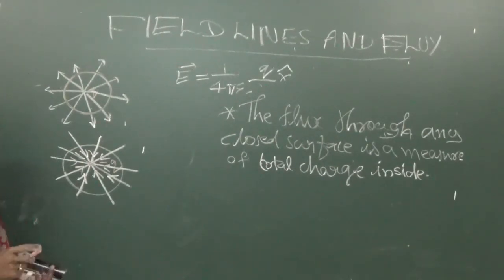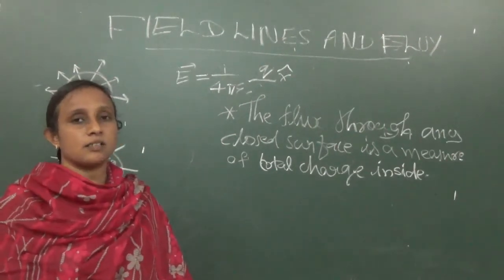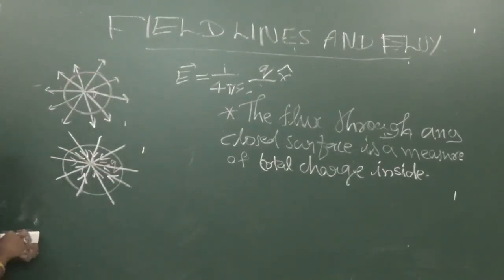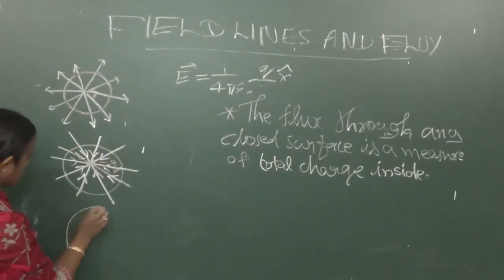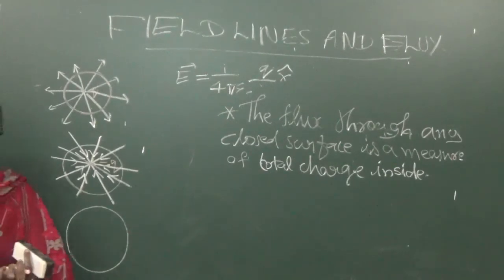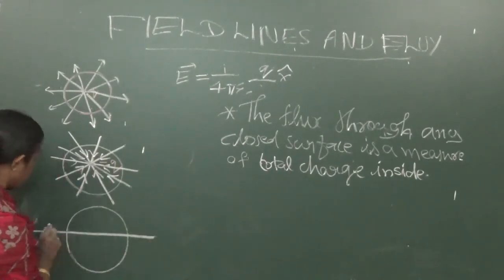Now, suppose that there is no charge inside the surface. Then what happens? For example, our surface is here. This is the surface. There is no charge inside, but there is a charge outside. Here there is a charge Q. Now what happens? The electric field lines pass through to here like this.